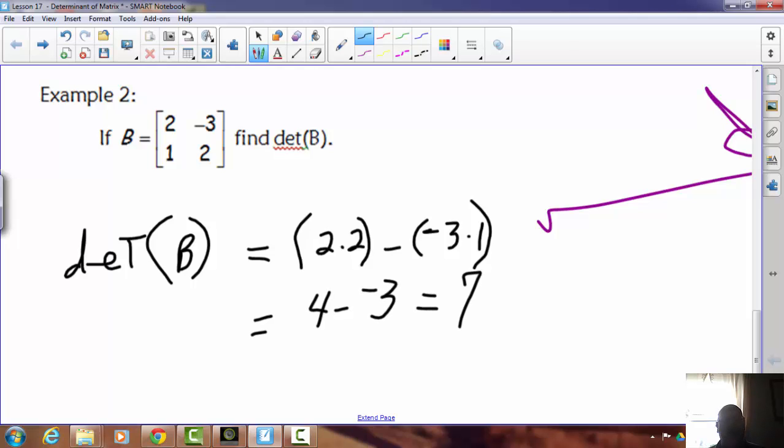The determinant of this matrix is 7. So it's no more complex than looking at the first cross product minus that cross product.